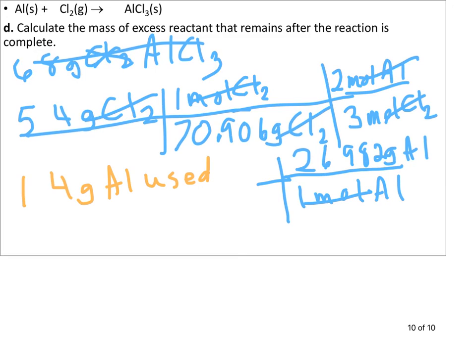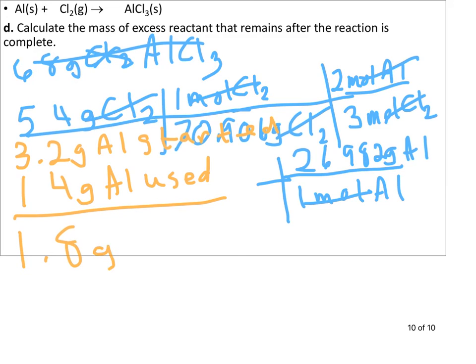We started with 3.2 grams of Al. So we subtract those, and we got 1.8 grams of aluminum left over.